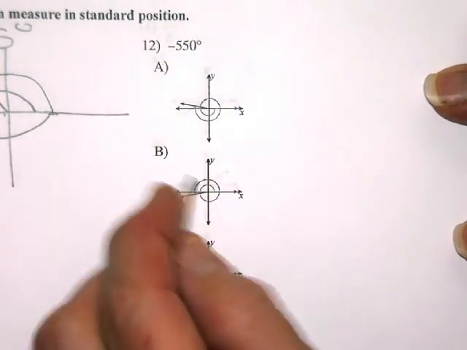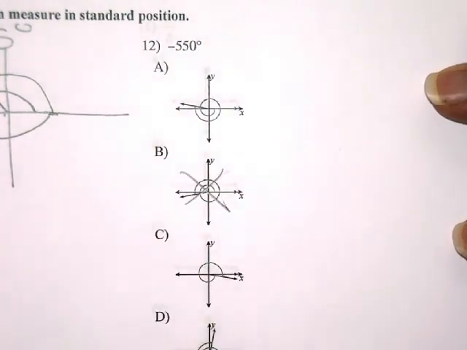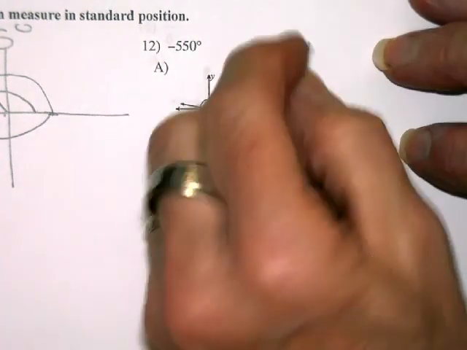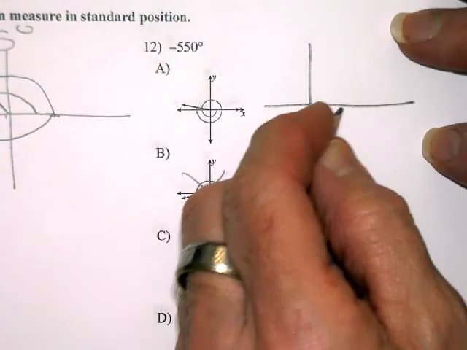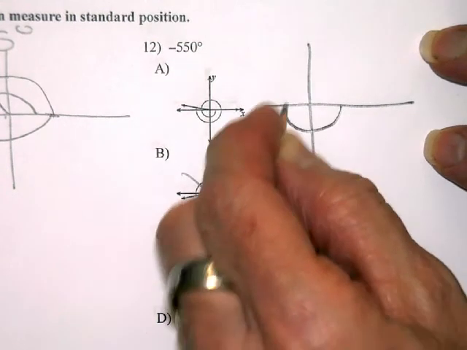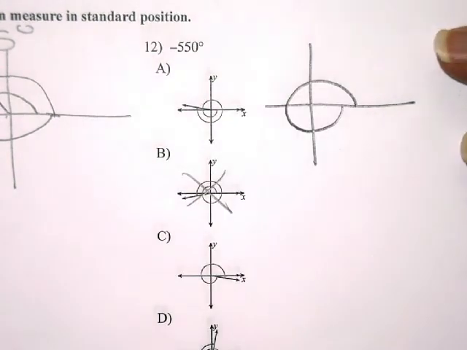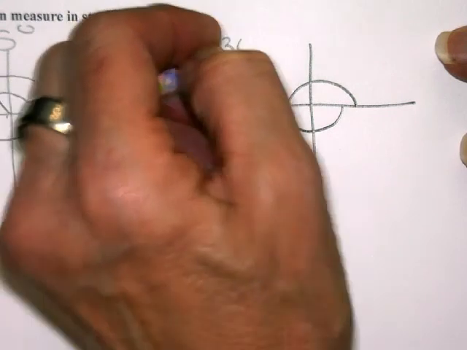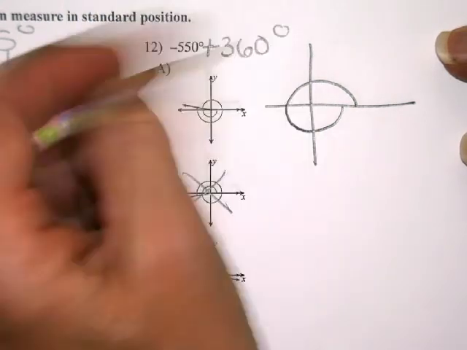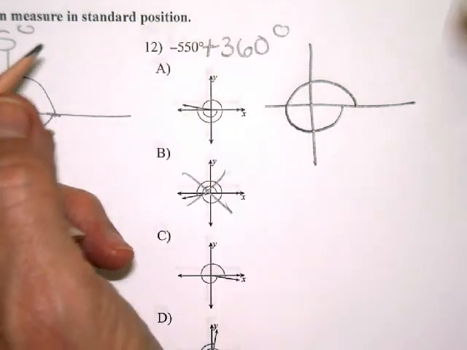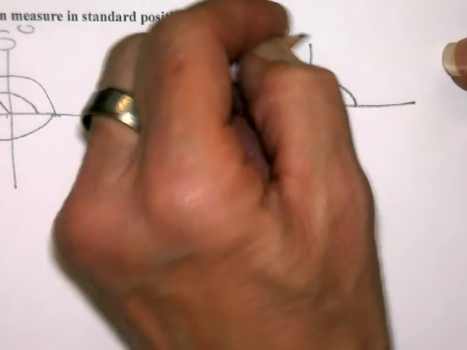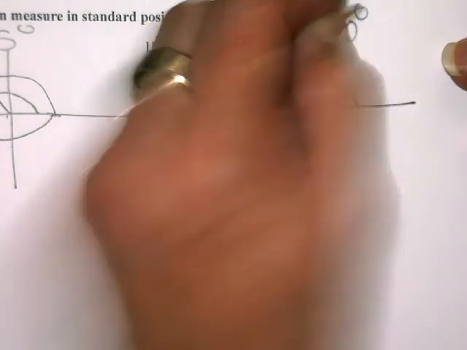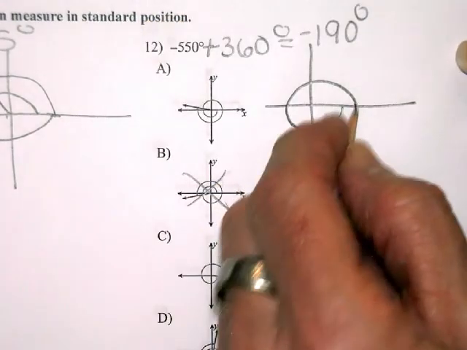All right, so this guy has to go under the x-axis first. So A is good, B is out, C is good, D is good. So we just have to march around and take our rotations. If I go under, that would be 360. See what's left? 190.